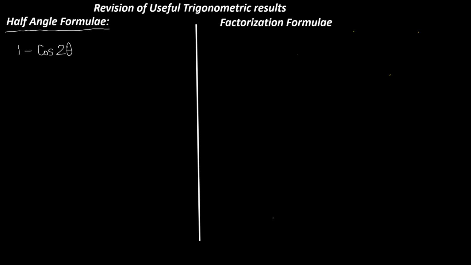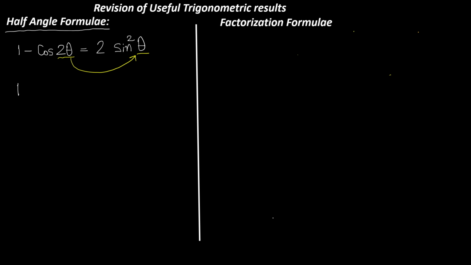If you remember from your trigonometry chapter, 1 minus cos 2 theta is 2 sine square theta. And the key takeaway over here is that our angle becomes half. So since it was 2 theta, it will become theta, since they are half angle formulas as the name suggests.